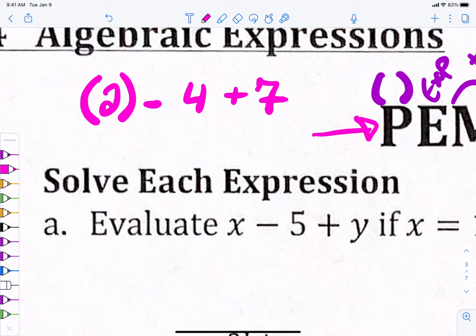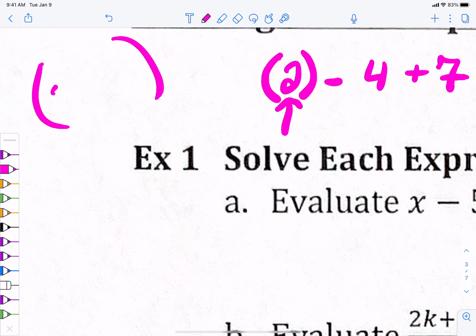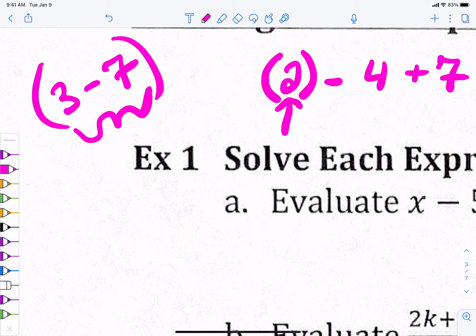So when it says parentheses, you are simplifying the stuff that is inside of the parentheses. So 2 is inside of parentheses. Can it be simplified anymore? No. So if it had something like this with parentheses, like 3 minus 7, you could then simplify that. But if it's a number inside of parentheses and you can't actually do anything to simplify it, then your step is done. You skip over the P, right?